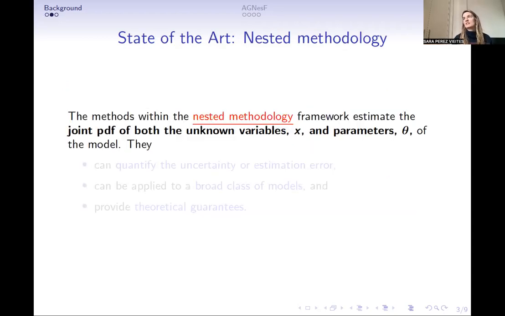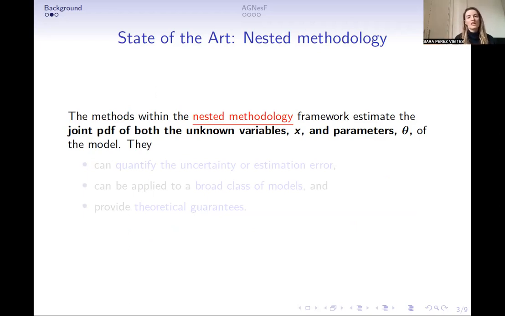There are a lot of approaches that try to solve this problem, but in the last years, there have been some new methods that aim at estimating the joint posterior distribution of both the unknown variables, the state and the parameters theta.